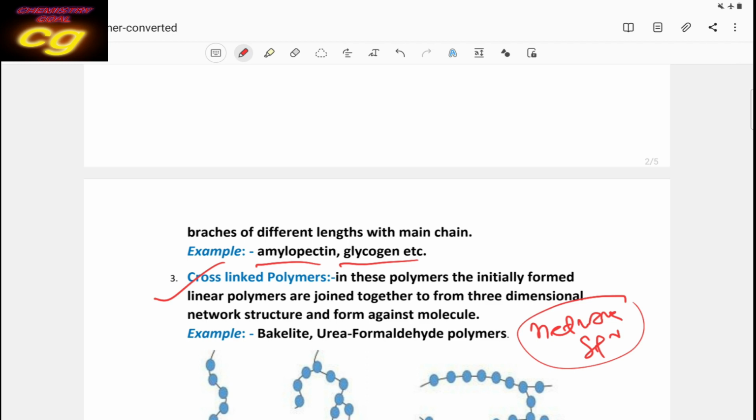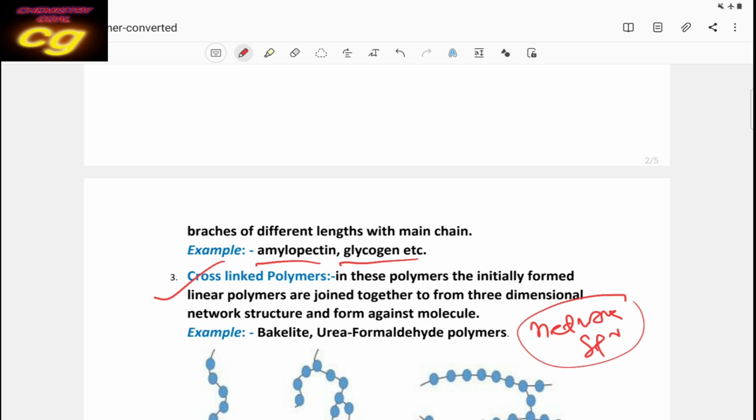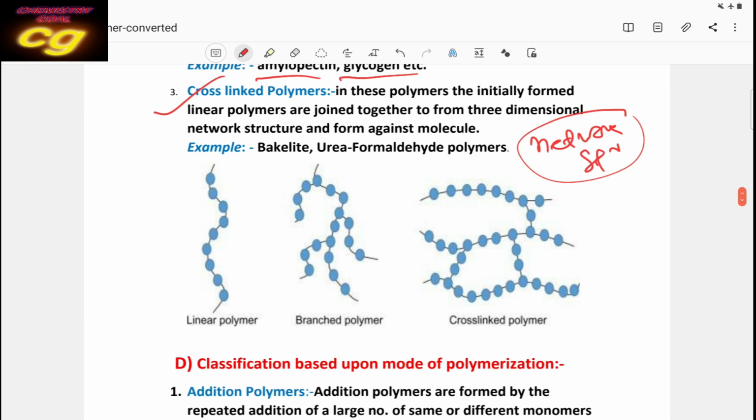And here it is produced from the same linear chain and branch chain polymer. You see the structural difference. Here you see it is a linear chain where the monomer units are joined one to one. But this chain is a branch chain because in the linear chain another side chain is developed. But cross-linked means both are interlinked, interconnected, forming a cross-linked polymer.